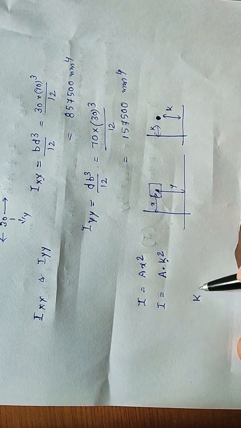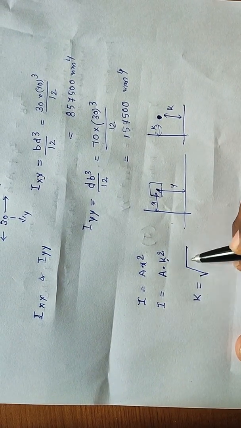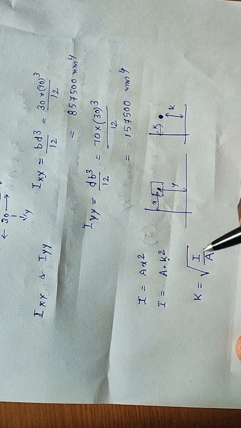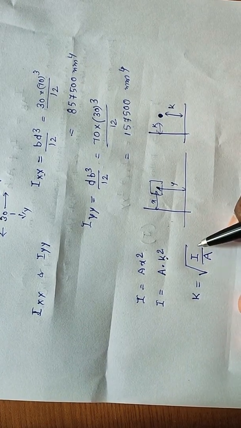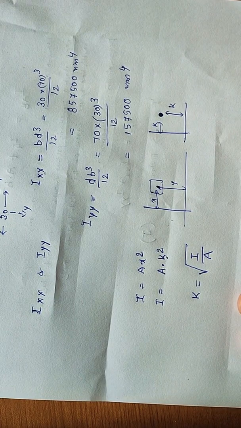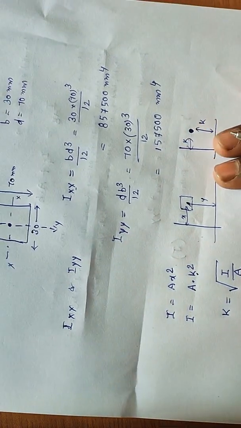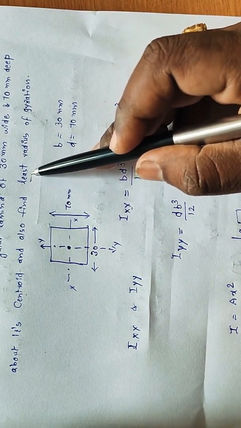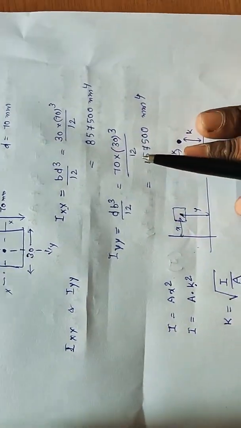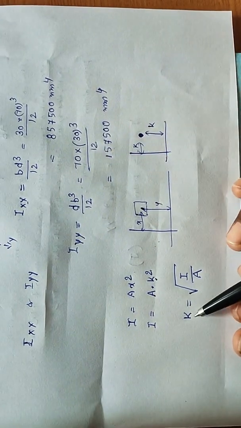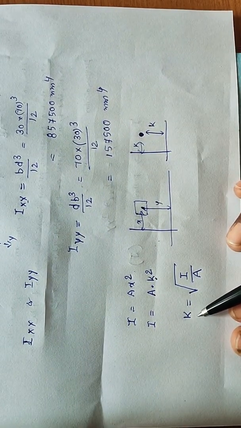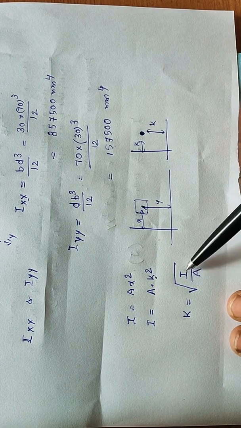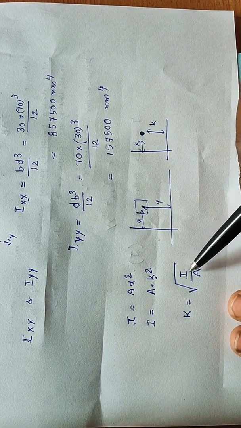So k equals under root of I by A. But whether we should consider Ixx or Iyy depends upon the question. Here it is mentioned least radius of gyration, so you have to calculate the least value of radius of gyration. That means you have to take the least value of moment of inertia.